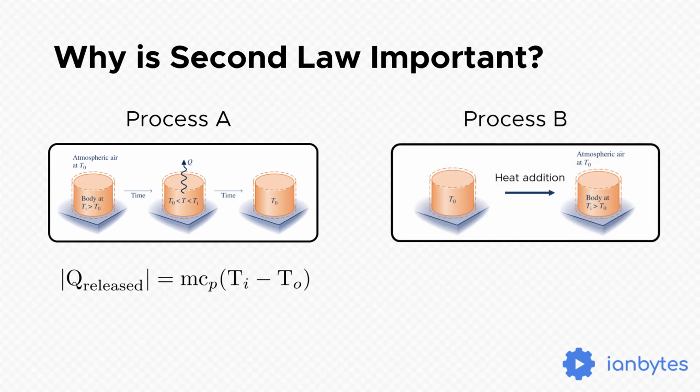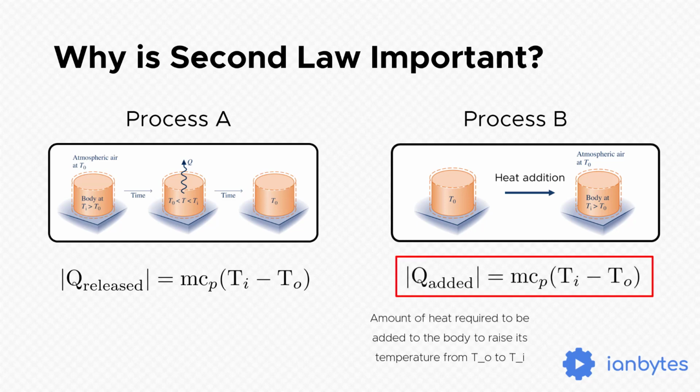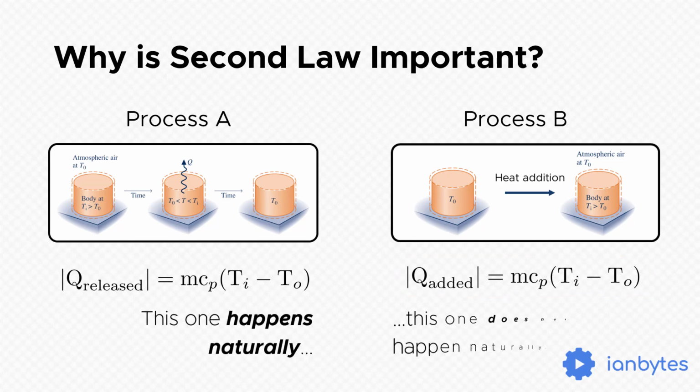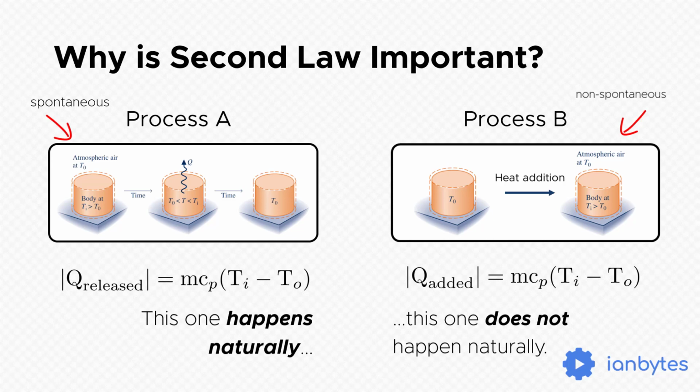So, let's say we have a cold body at T0 na papainitin natin hanggang umabot ang kanyang temperature sa temperature na Ti. Technically, ang magnitude ng energy for these processes to happen ay parehas lang in both cases. But have you ever noticed that the first process naturally occurs while the second process does not? It is because spontaneity is a vital concept in thermodynamics.